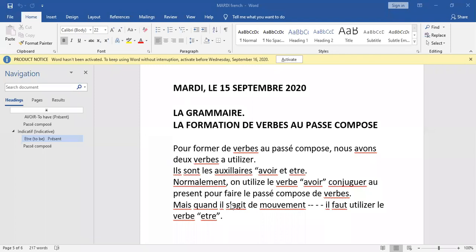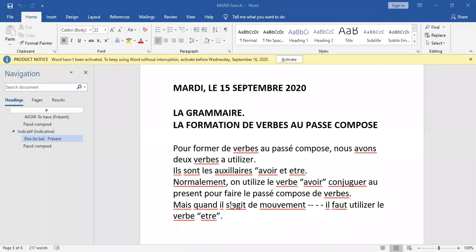And for the ones that will go into the past with être, you use that. Please do not make that mistake. Remember, I have used movement verbs in order for you to have an idea of the verbs that you will use être to take into the past. And there are not many. Majority of the verbs, they go into the past using avoir.